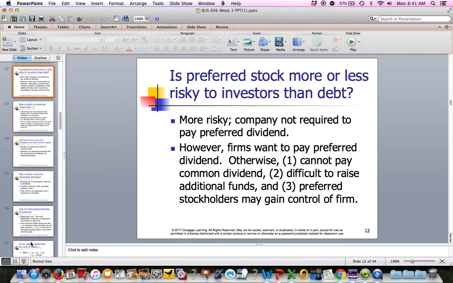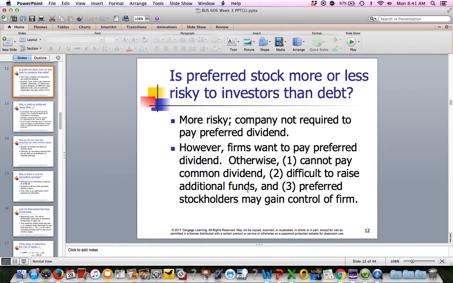So think of it from that perspective. Now, companies, if they're short on cash, could choose not to pay preferreds. At some point in time, that'll be a problem, but they can get by doing that for a few years. That's what the second bullet point is talking about here. You still want to pay that preferred as often as you can, because unless you get your preferred shareholders caught up and paid, you can never pay your commons.